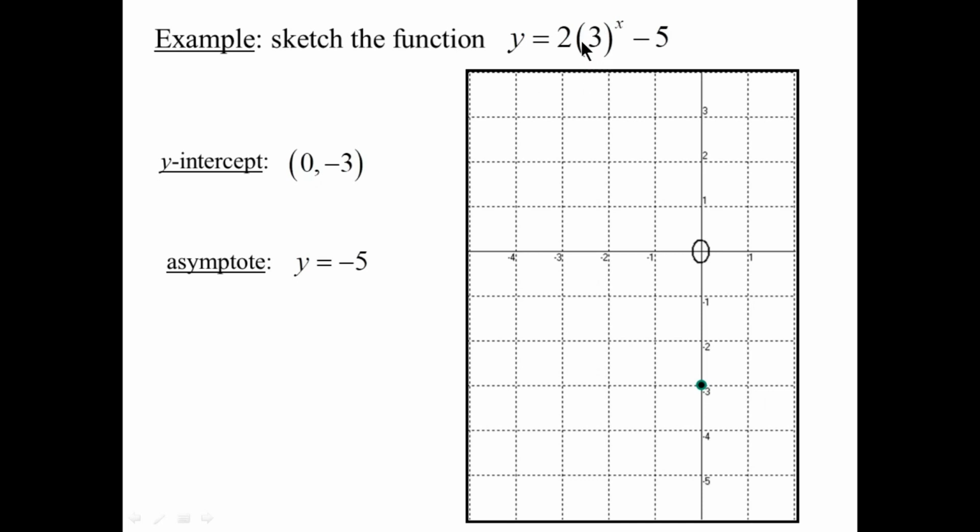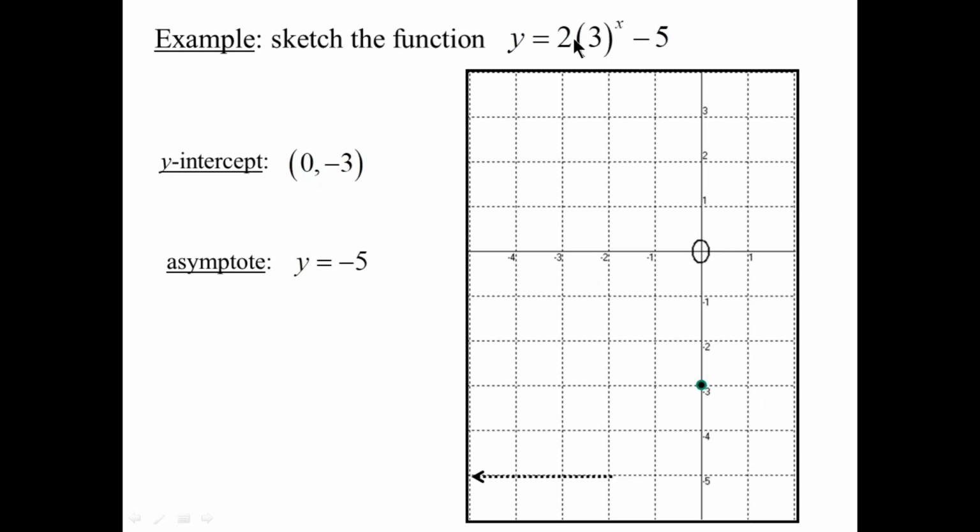And because the base is bigger than 1, we know that this one will be shaped like the population of the Earth, so the asymptote will be on the left-hand side this time. As opposed to the previous one when the asymptote was on the right-hand side, this asymptote will be on the left-hand side along this line here, y equals -5. Put that on. And next, we would like very much to have a lattice point, so we can sub in numbers for x and get specific exact numbers.